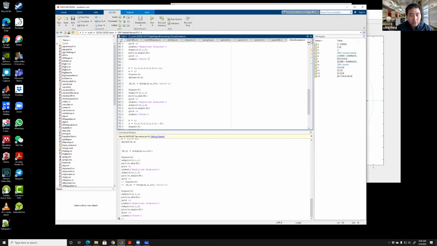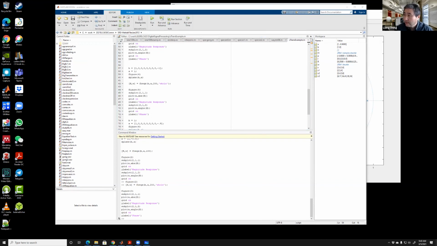So now let's move to something that is interesting. Let's see, I have a special case I designed here. All right, so this is my B, and this is my A. So B is this vector. Those are the coefficients. So what we have here is 1 plus 0 times z to the power negative 1 plus 0 times z to the power negative 2.